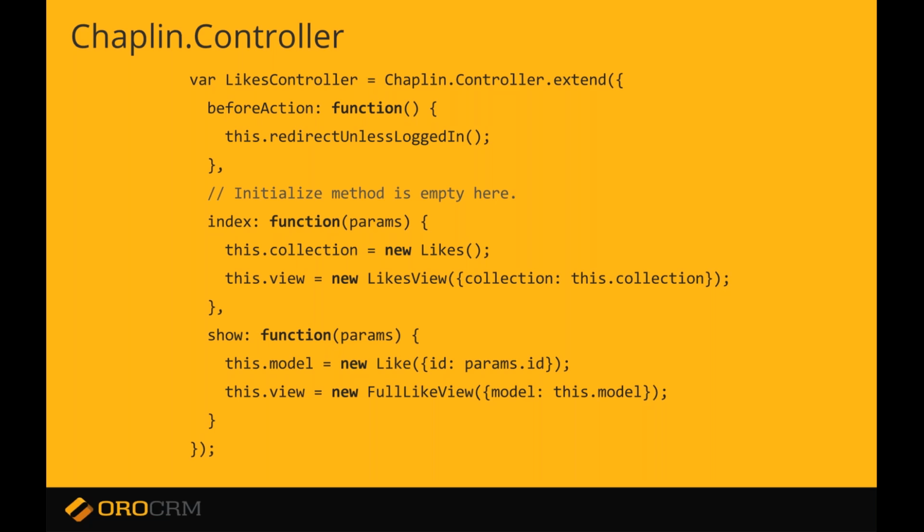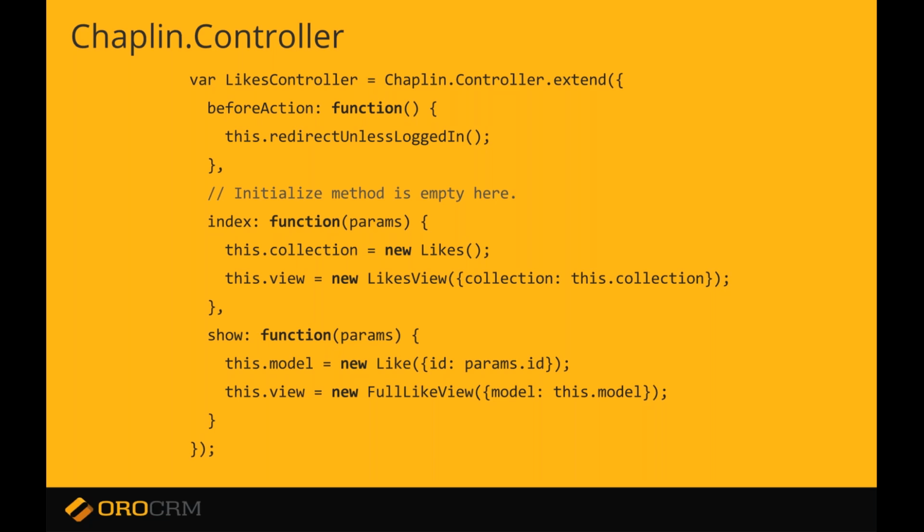It's the current view for the controller, which will be used for the page. And other action methods, show, also update some view. So first we create a model, and then we use that model inside the main view.